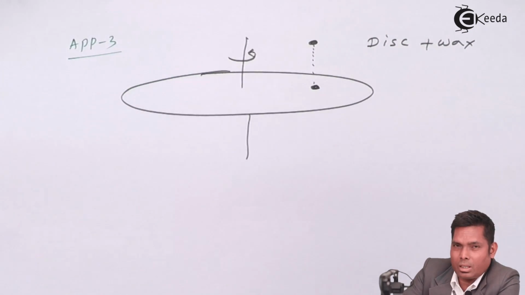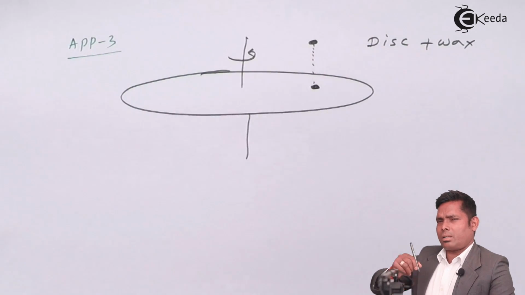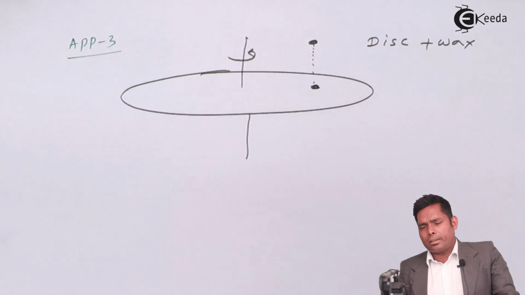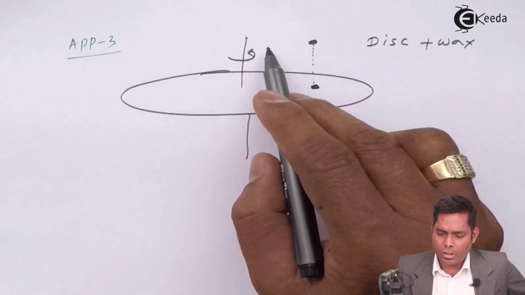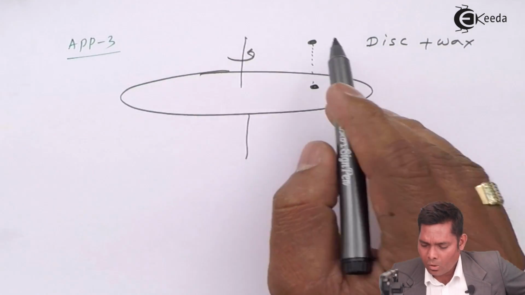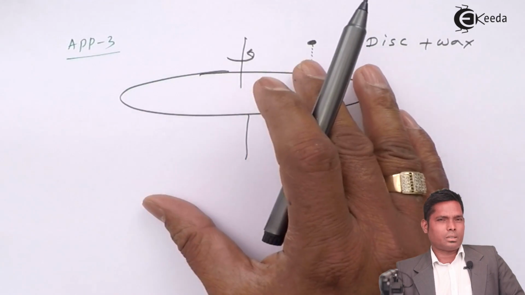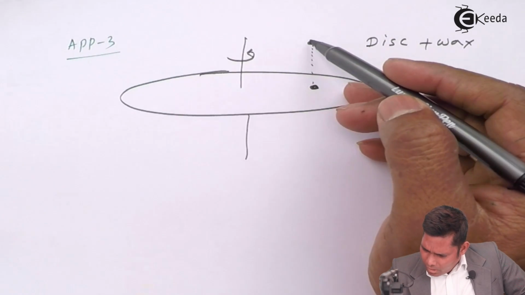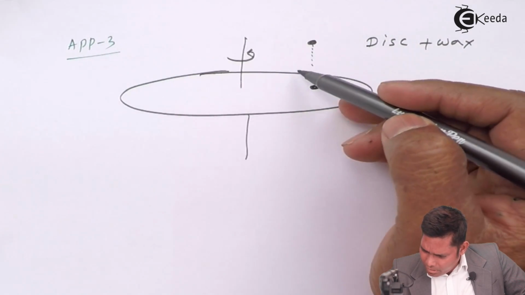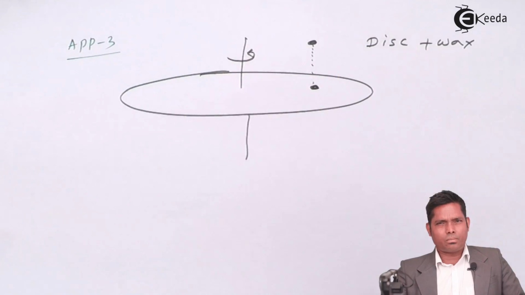When it hits, it gives a force and that will create a torque, but I can also consider the torque as internal, because I have considered this particle and this object as a system.